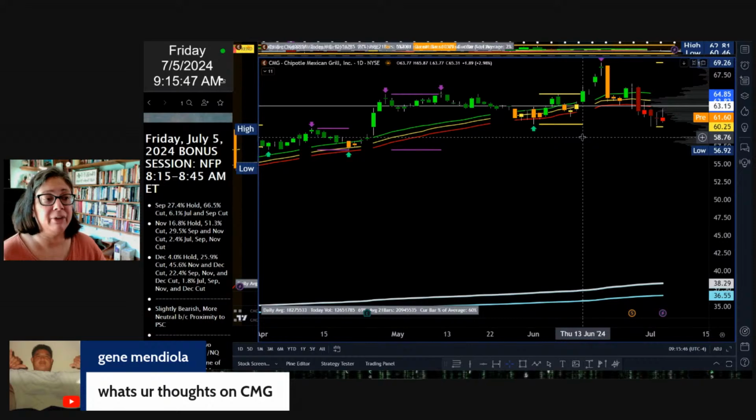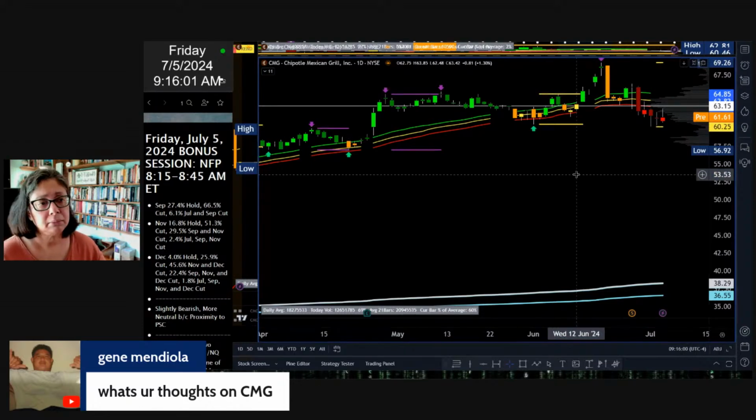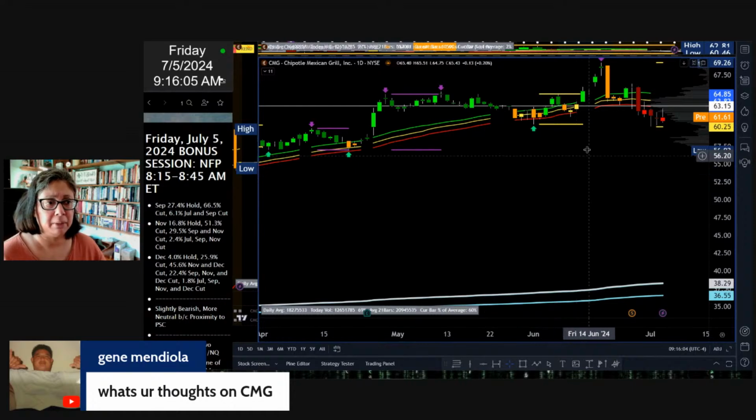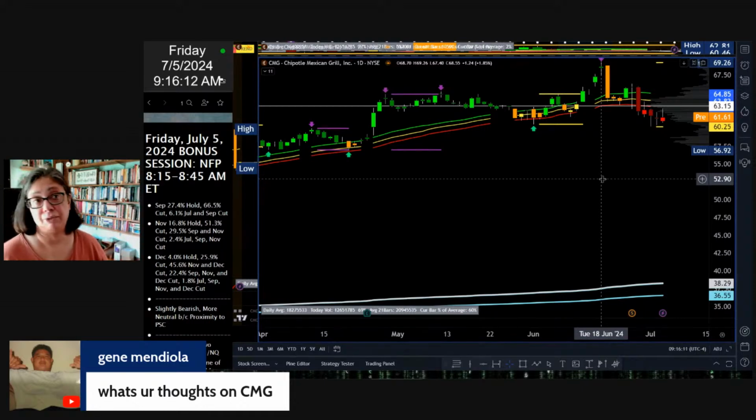If not, we could easily slip down to about 58 and 3/4 to maybe even 58. So keep that in mind. If we can't keep the Darvas support, which is sitting at about 60.60 to 60.26, 60.20, call it, if we can't hold that price-based support, we could easily slip a little bit lower to the volume. Now, the breakout is most likely going to come as we get back above, say, 63.20.